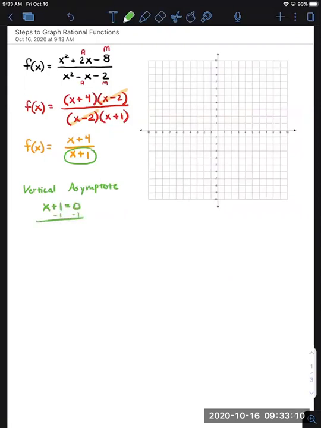Subtract 1 on both sides, and you get x is -1. That's our vertical asymptote. And you can put that on the graph as you're doing the properties or at the end. I'm going to put it on my graph as I'm doing the properties so that way you guys can see it. It's a dotted or dashed line at x equals -1.